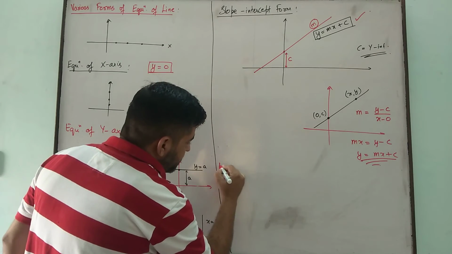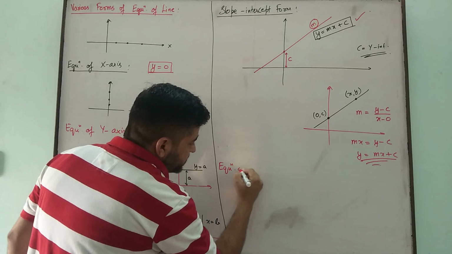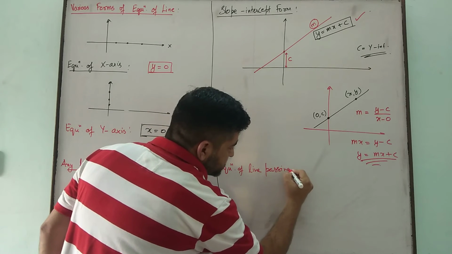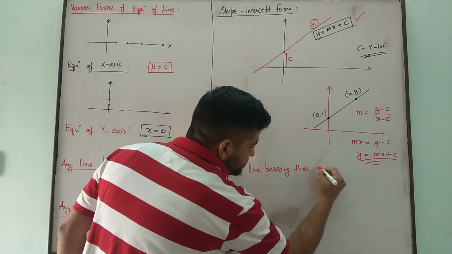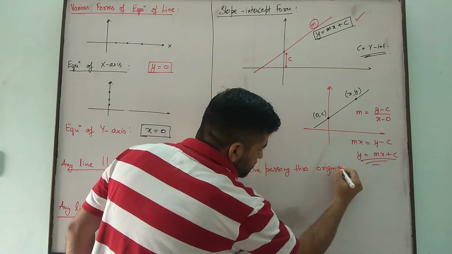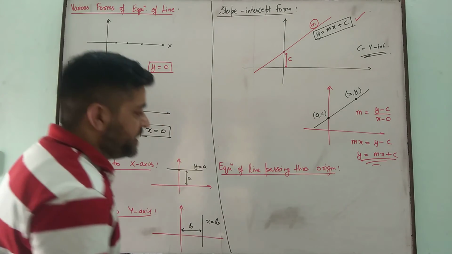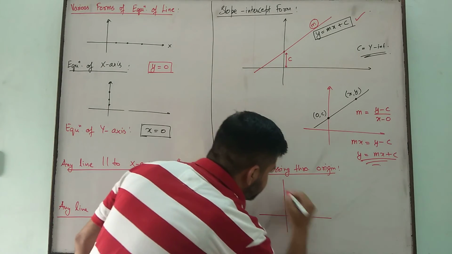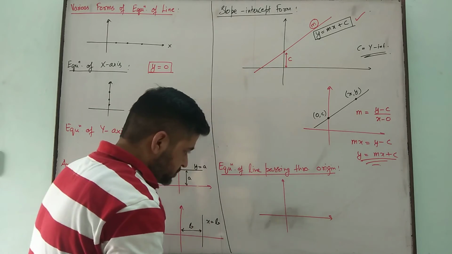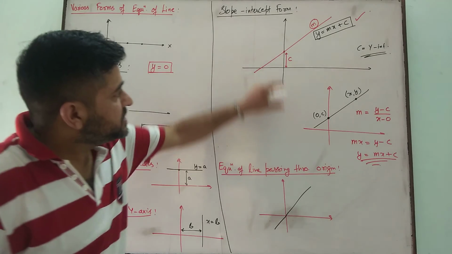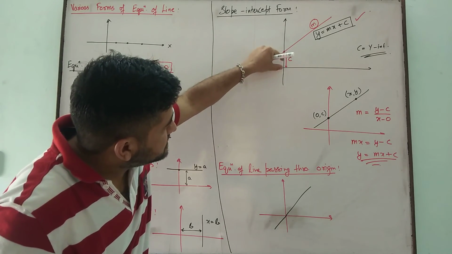Then equation of line passing through origin. Now when a line passes through origin, let us say this is the line, then you can see this c distance will be 0.